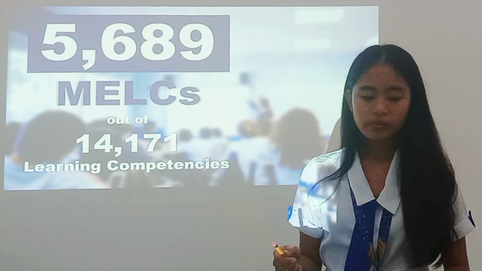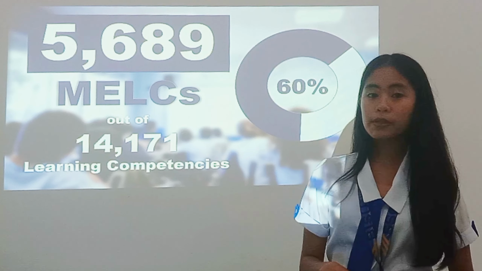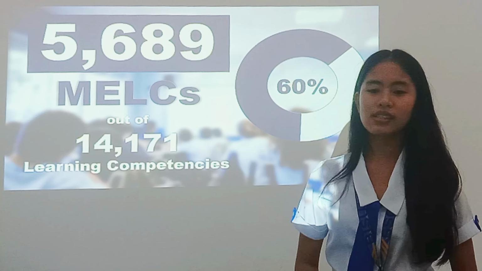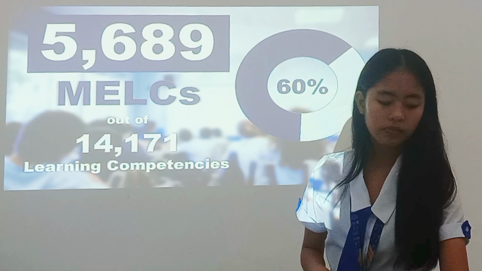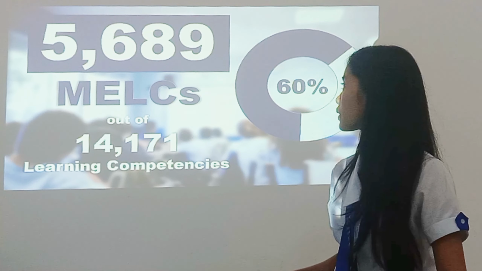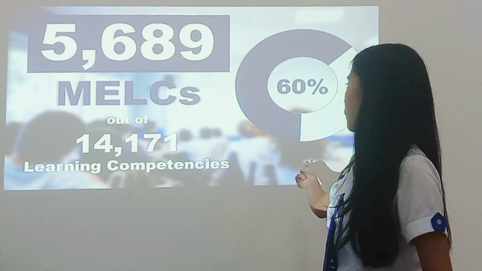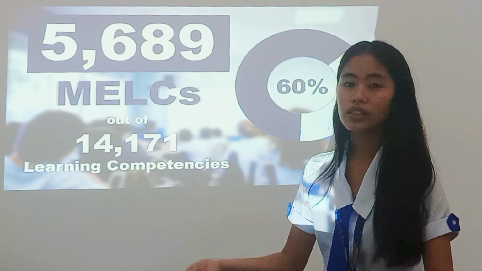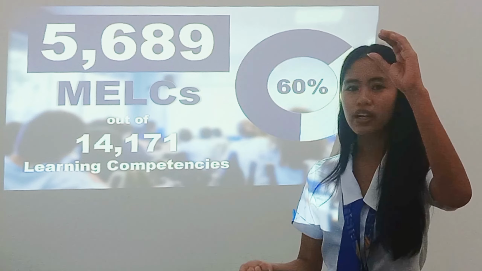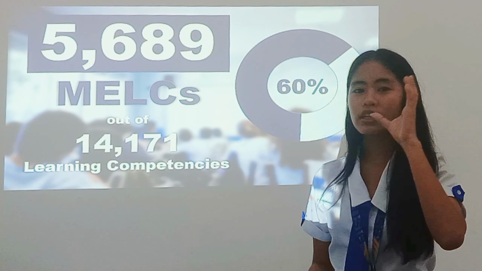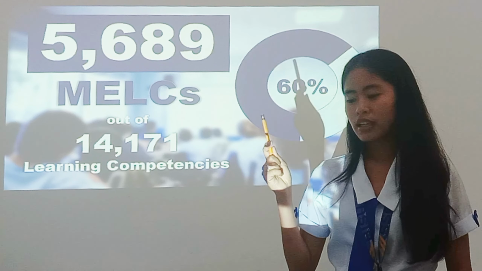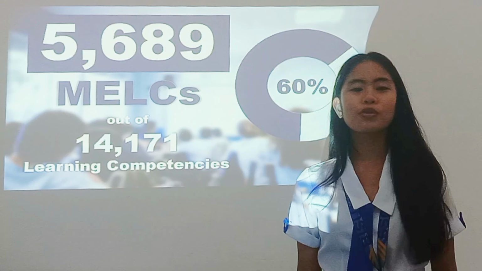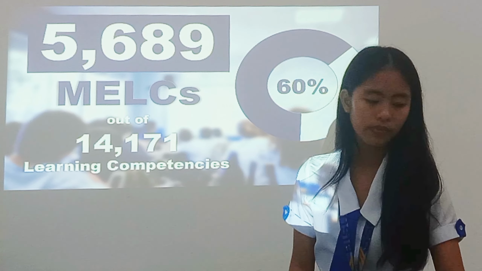So that is 60% of the 14,171 learning competencies. So 40% of it were not included in the most essential learning competencies. So it's more than half of it that were removed. So it is then considered that these 5,689 are the most essential learning competencies.